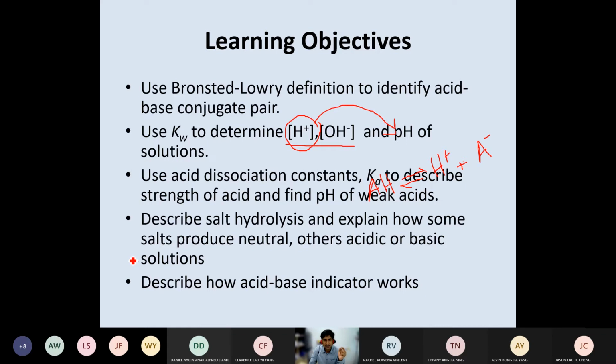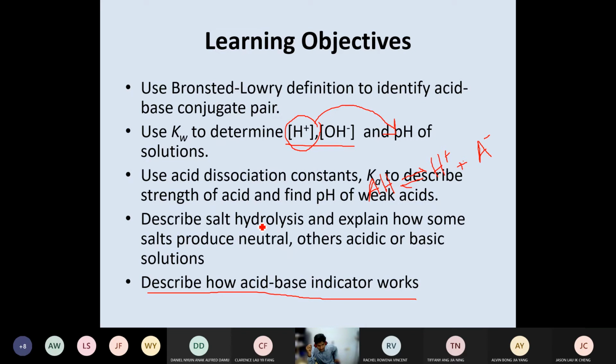And at the end, the most interesting thing, we'll see how the indicator works in the acid-base reaction. What are the indicators? When we do the titration, right? So we add an indicator in the titration medium so that it changes its color when it reaches the end point.